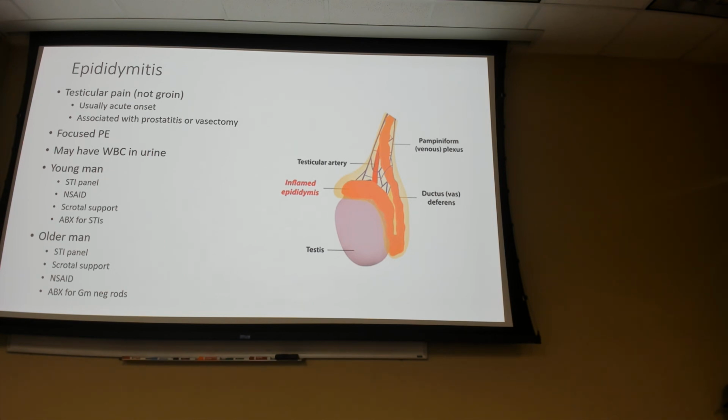We'll do the STI panel, and if they're in a monogamous relationship and older, we'll typically give them some sort of fluoroquinolone. If not, then we typically do the Rocephin and doxycycline like we would do for gonorrhea and chlamydia treatment. NSAIDs help. You can give them scrotal support. But this diagnosis is based on your history and physical exam.